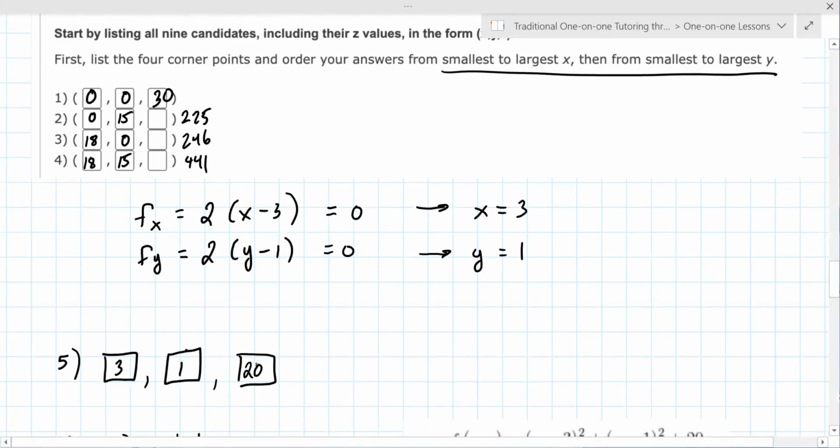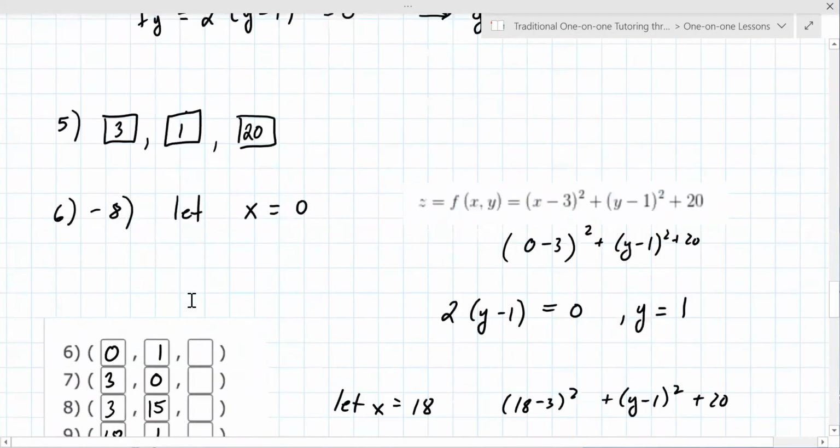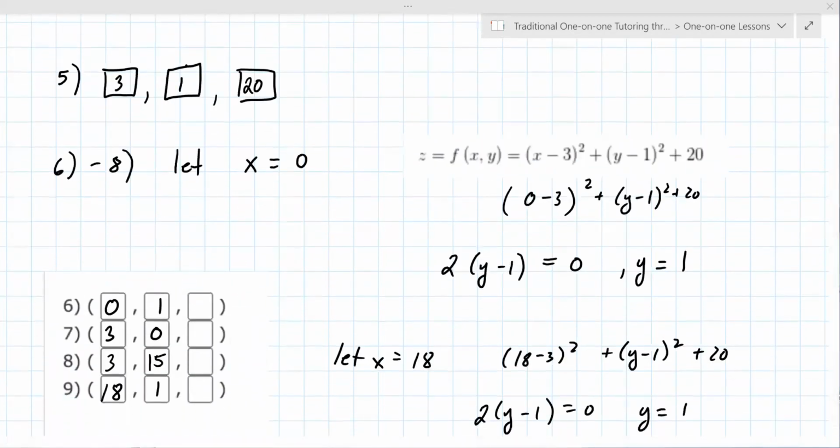So this one was 20. Let me know if you got these first 4 down so I can scroll past it. Okay, give me 1 second. Okay, yes, I did. We got the other ones here. 0, 1.